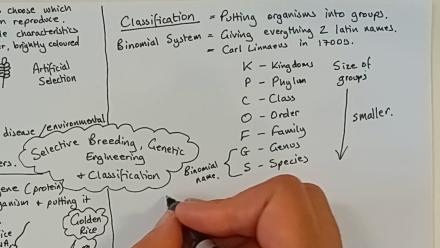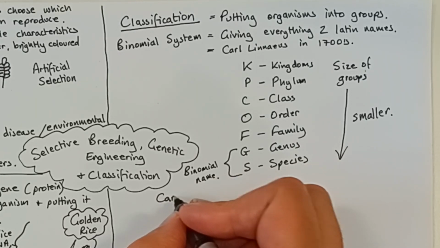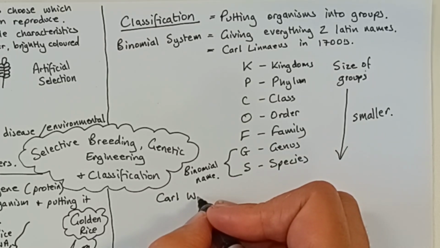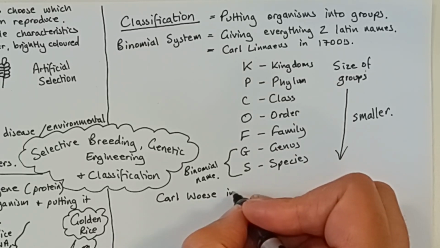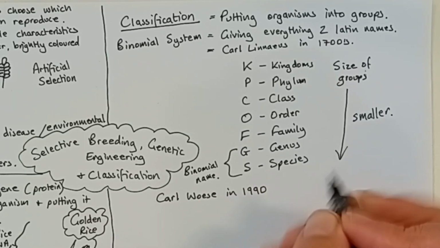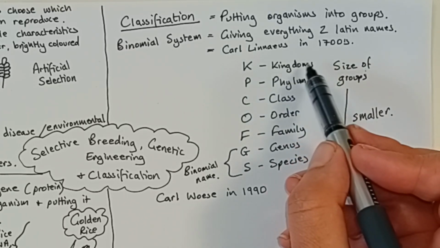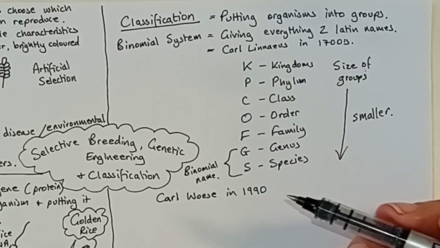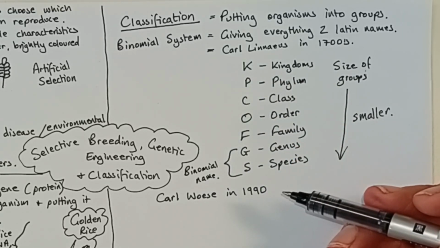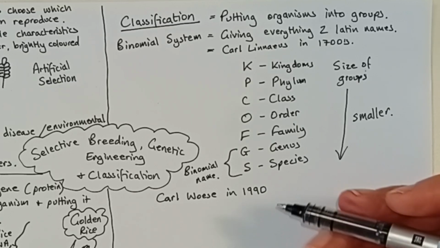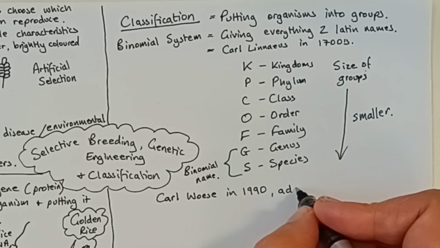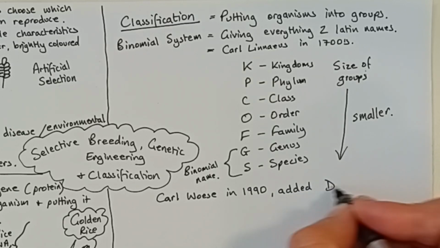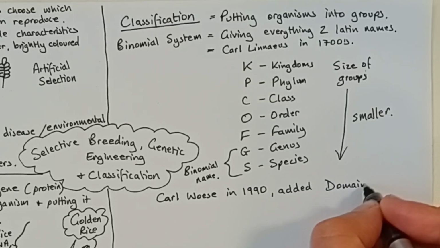But then Carl Woese, another Carl, but an American scientist, decided that the kingdom of bacteria, the prokaryote kingdom, actually needed dividing up. So he changed it and he added a new level above that.